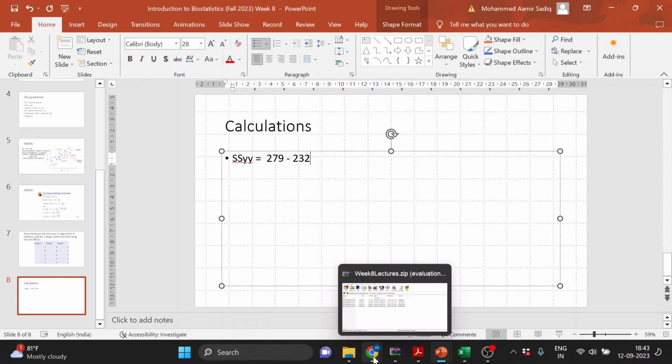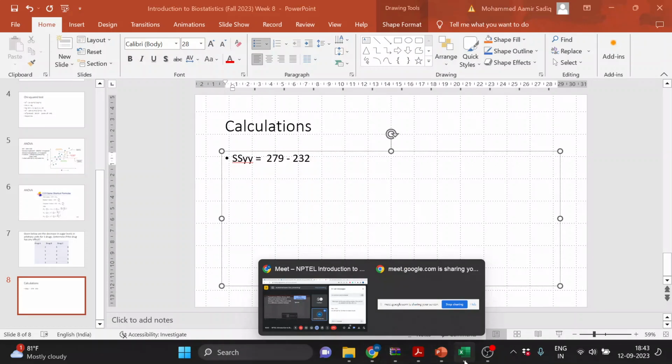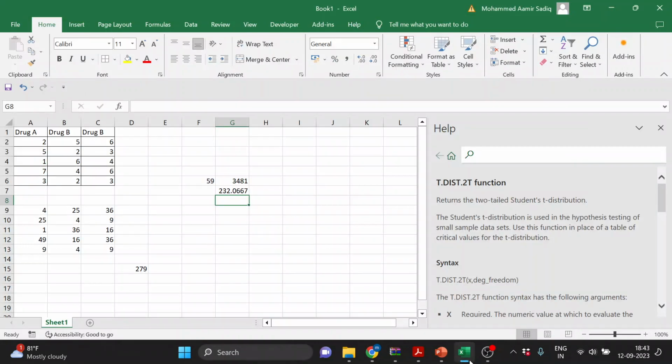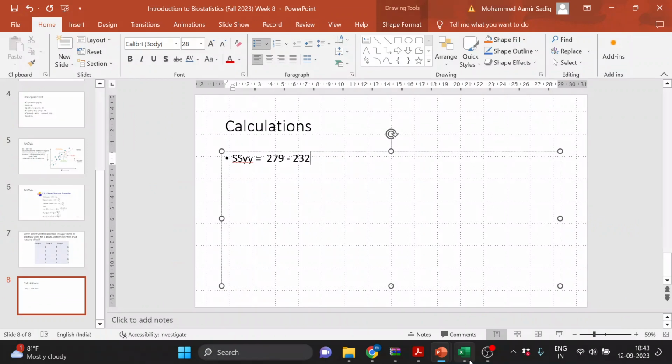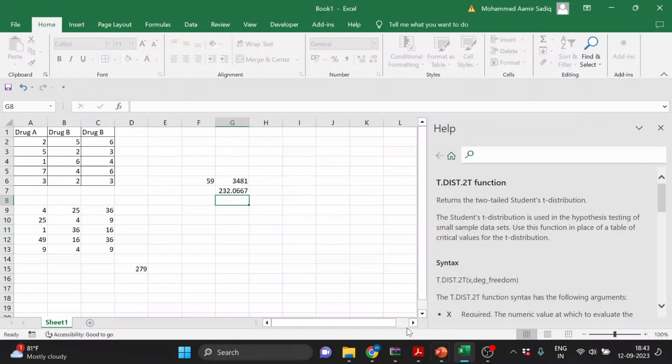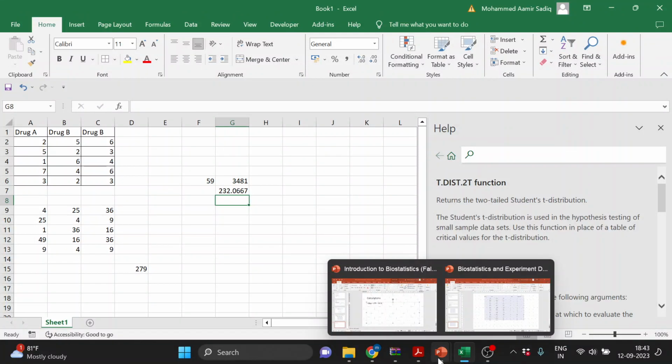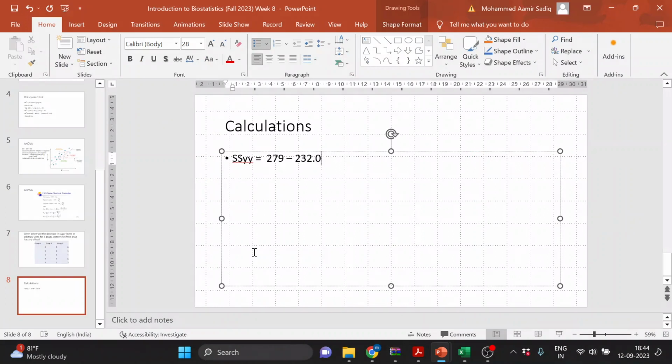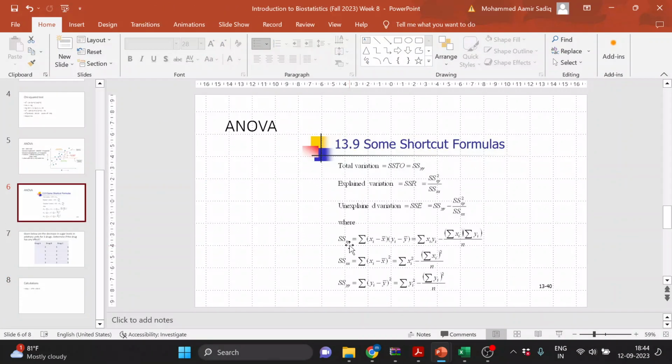Did everyone get this? It's 232 point something, let's be exact. Yes, sir. 232.0. So you just have to know these formulas to do that. Always remember these three formulae here.